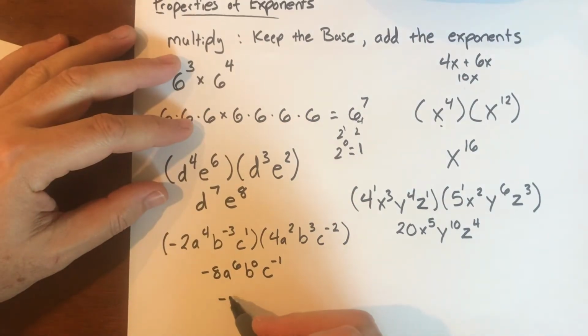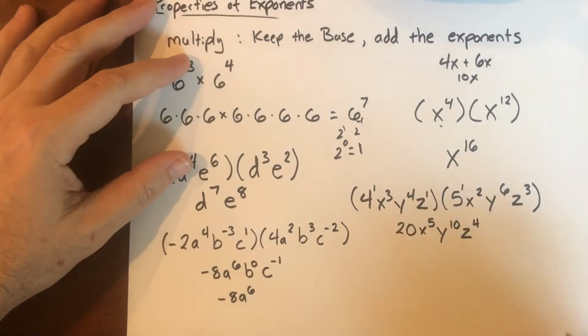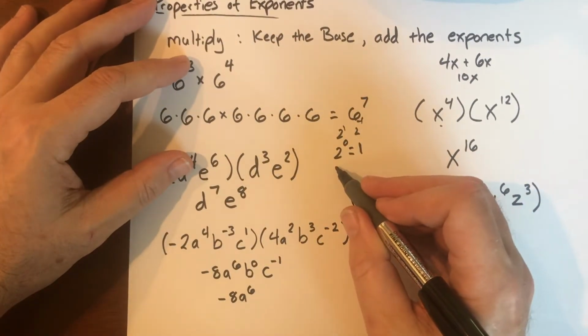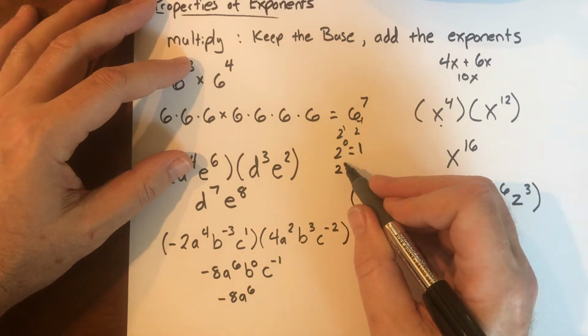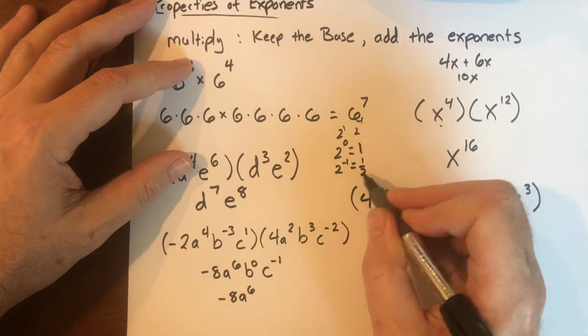So I have -8, a to the 6th, but I have a negative exponent. Now, if you remember, when we were doing 2's, and we got that 2 to the -1, half of 1 was 1/2.